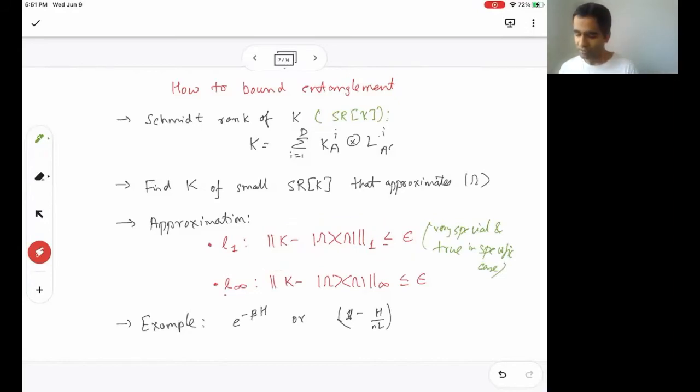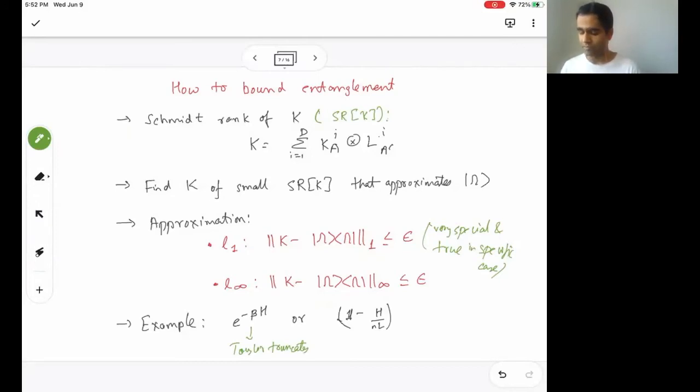A better way is to try to find an L infinity approximation, which is of course easier than an L1 approximation, but it itself is quite hard. So here the idea is to try to find an operator K which approximates the ground state in L infinity with some smaller epsilon. Some examples of these operators would be, for example, the Gibbs operator, or rather some Taylor expansion that truncates the Gibbs operator up to some high degree polynomial, and that would be a good approximation to the ground state.